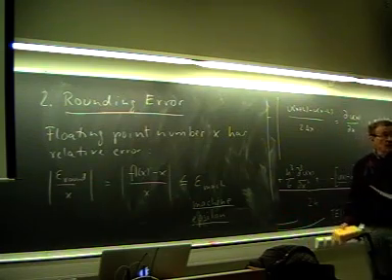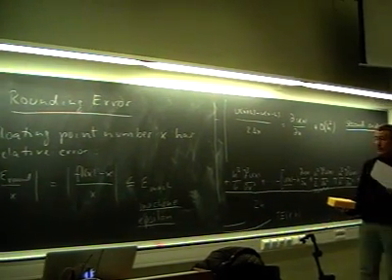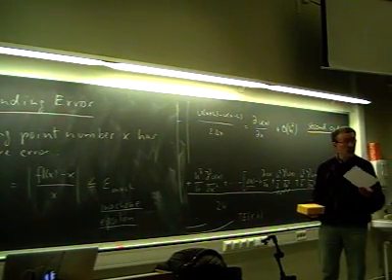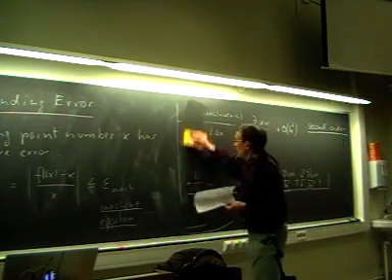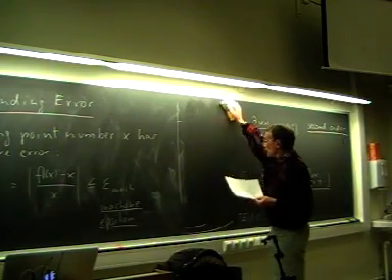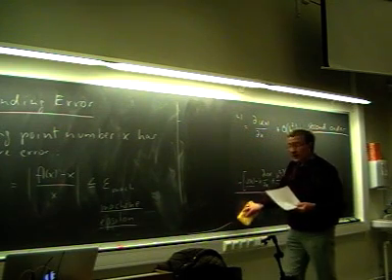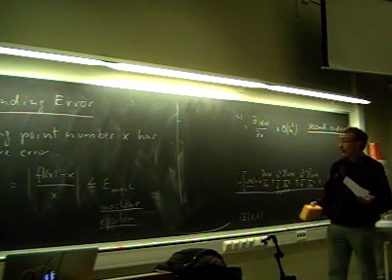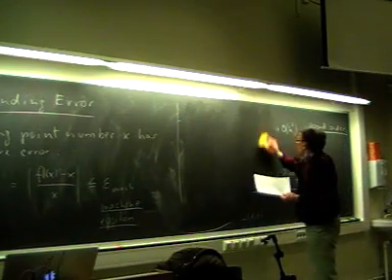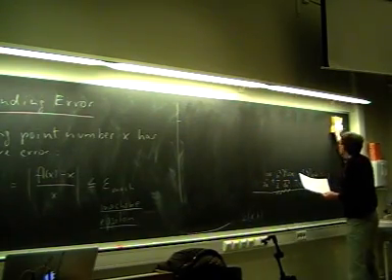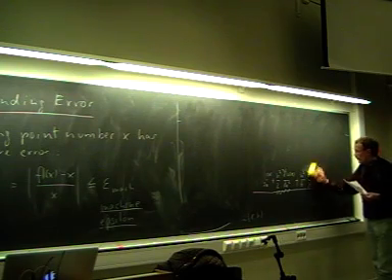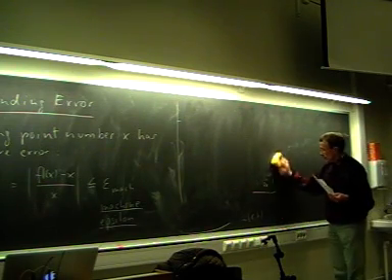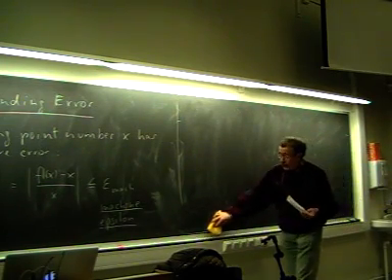And this number is then different depending on the precision we have on the computer. And we have the standards given by IEEE, the Institute of Electrical and Electronics Engineers. And this standard is also used in MATLAB. MATLAB has the standard IEEE double precision.